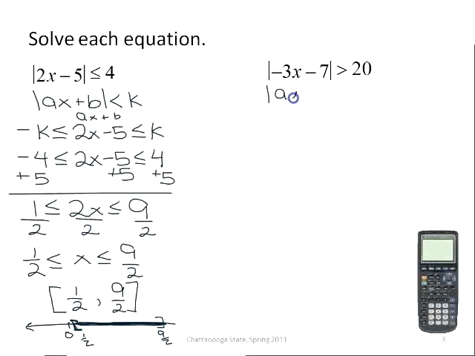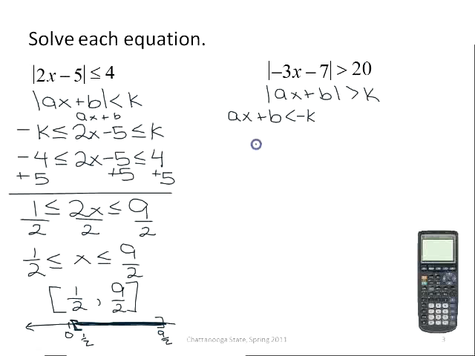This problem is a greater than statement. So here we will follow what the other slide had about the greater than some constant number. Here we actually have to convert it into two separate inequalities. If the absolute value has to be greater than 20, then we know this thing has to be more than 20 units away from 0.